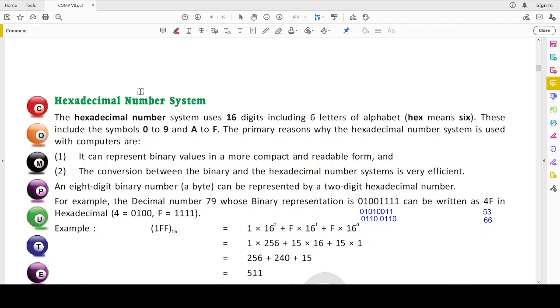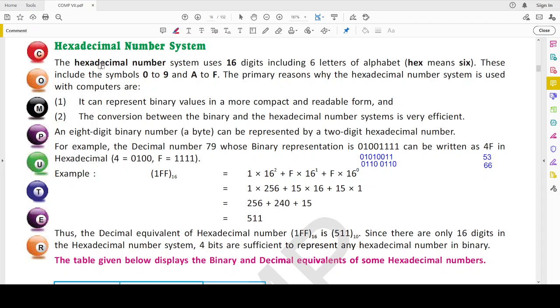We have also seen the way to convert a binary number to a decimal number, an octal number to a decimal number, and an octal number to a binary number. So we will see all of them again in the conversion part after we are done with the hexadecimal number system. We will see the hexadecimal number system now.